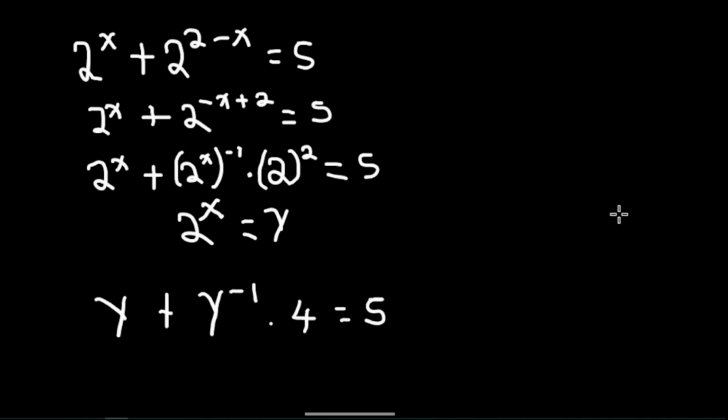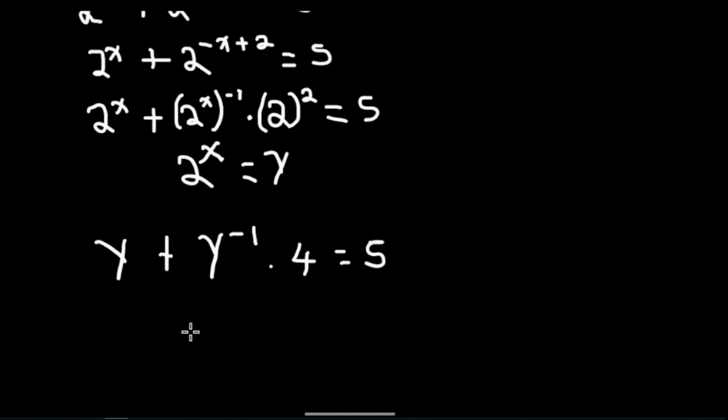Now I can solve. This is the same as y plus 4 over y being equal to 5, which is over 1. Once I do that, I'll have y squared plus 4 over y equal to 5.